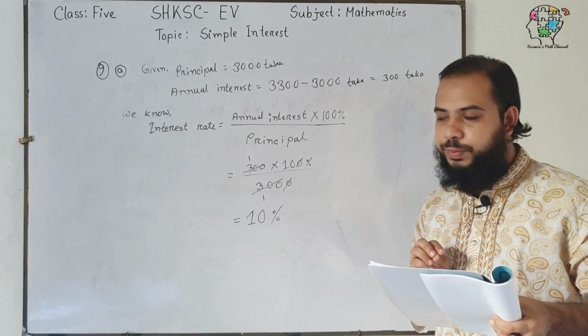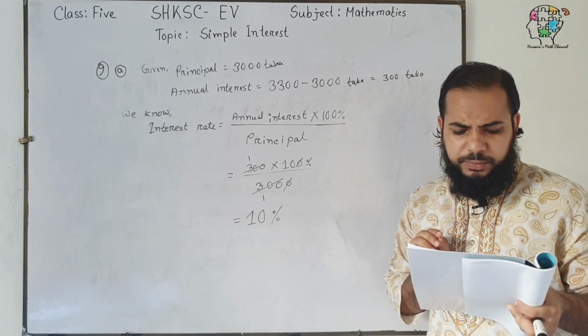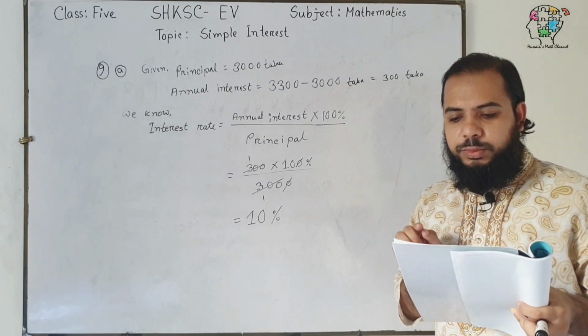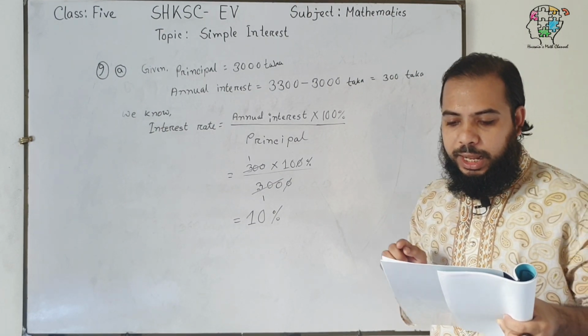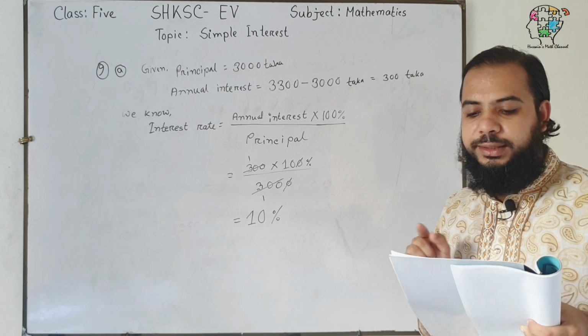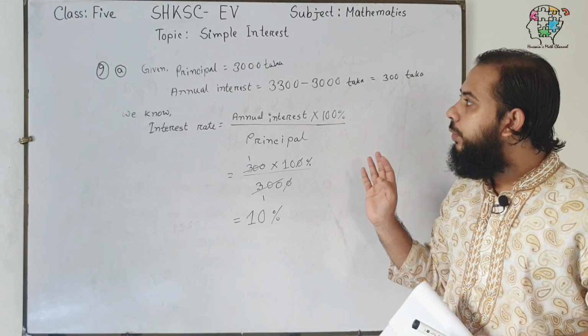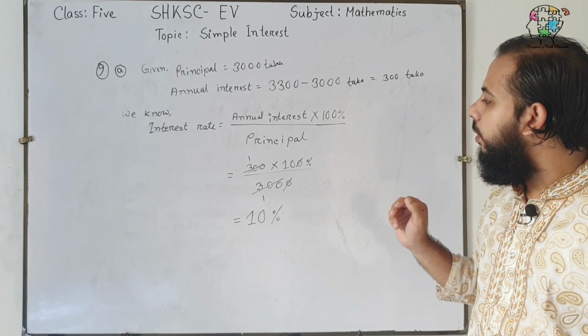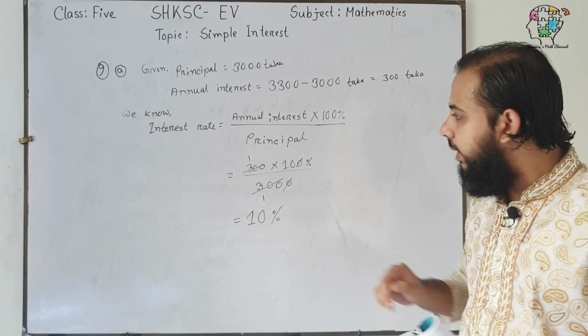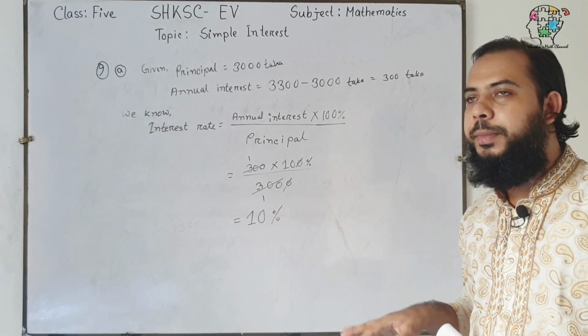Now we move on to our next question, question number B. How much taka would he pay back after 2 years if he borrowed 10,000 taka? And the principal amount in this case is 10,000 taka, but interest rate will be same as 10%.